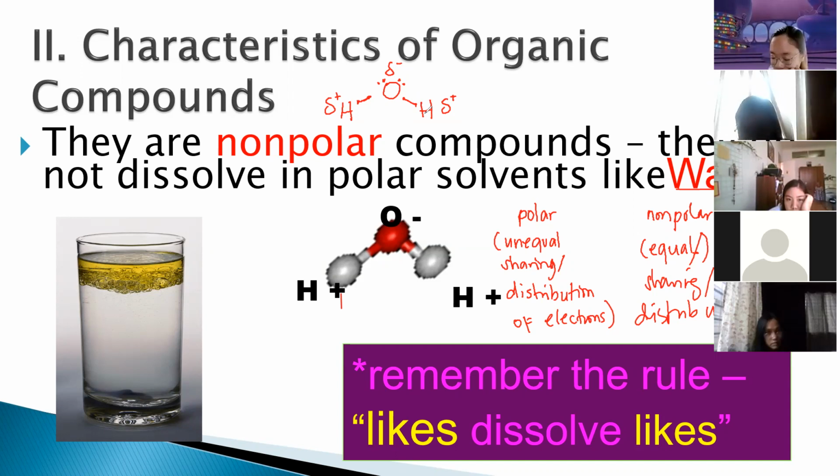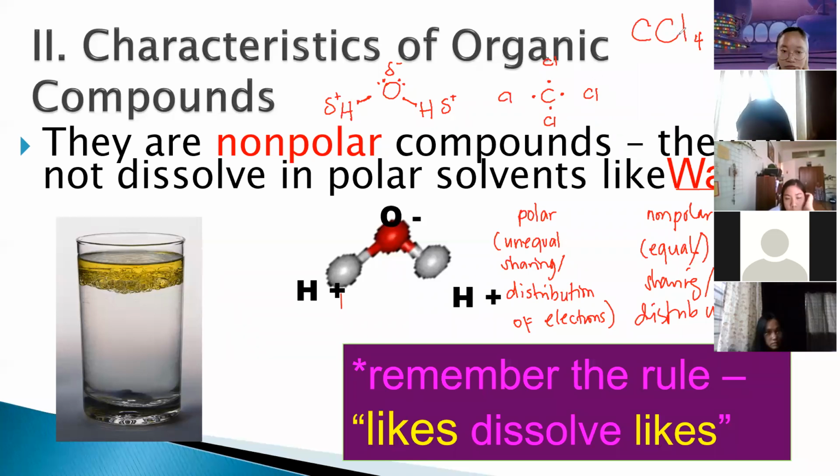However, for organic substances, for example, we have carbon tetrachloride. Again, carbon tetrachloride, we have carbon here. Carbon, remember, has 4 valence electrons. And then we have 4 chlorines, which means one chlorine on each side.